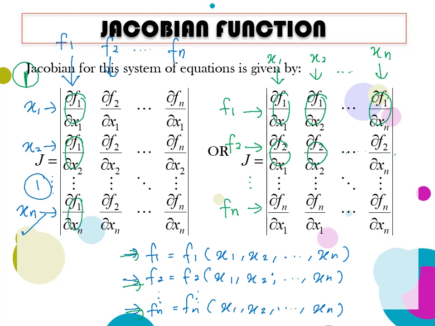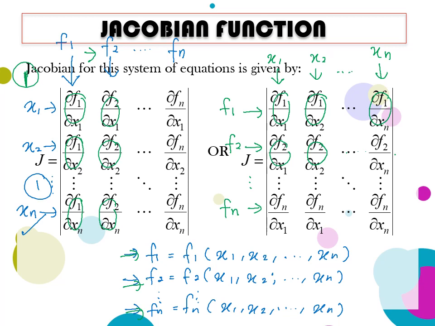Then proceed to f2, and partially differentiate with respect to your variables and put them in a column, at the bottom, at the bottom until the last.